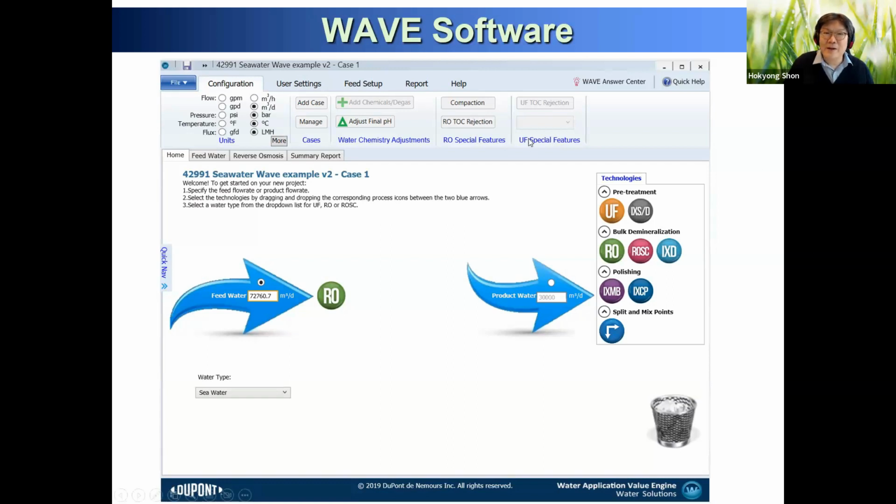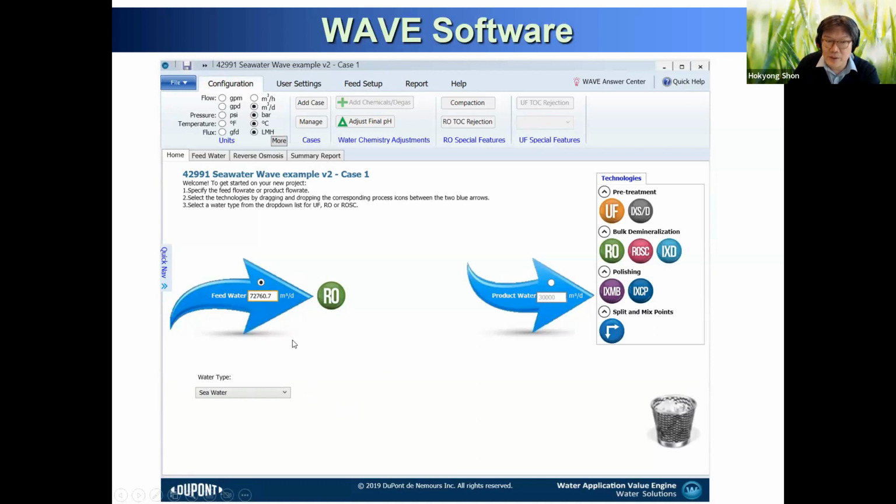And okay, so when you install your software, first let me try to explain, and then we can have an example together. So this is the first screen. You have a feed water flow rate and the product water, how much you have. In your assignment, you need to say how much you can design, and then you can have 45% or 50% product water.